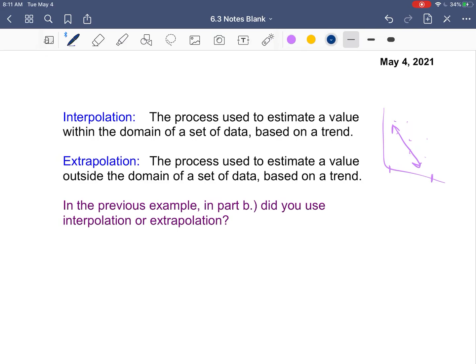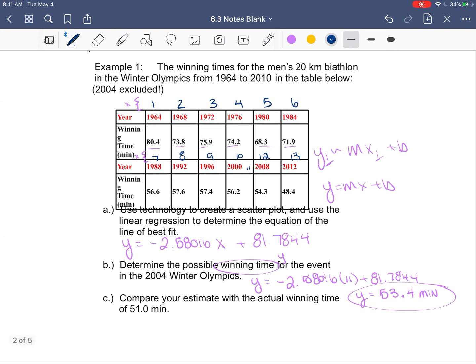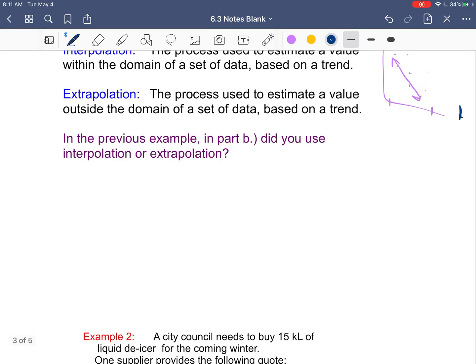So if we wanted to figure out a value that was way out here, that would be considered extrapolation because it's not within the data we're given. So in the previous example, did you use interpolation or extrapolation? Well, 2004 was within our 1964 to 2002 range, so this would be interpolation.